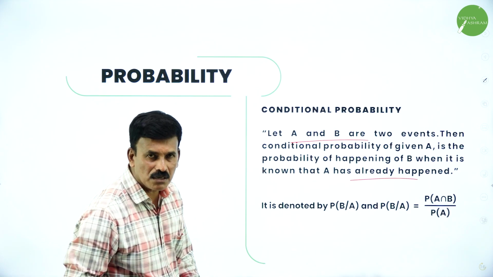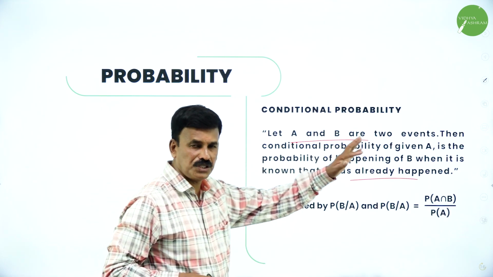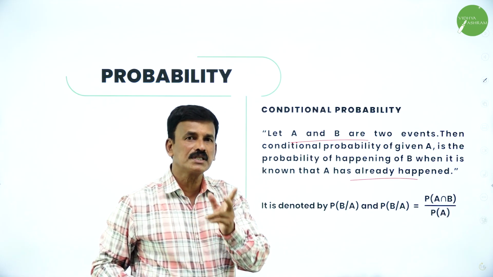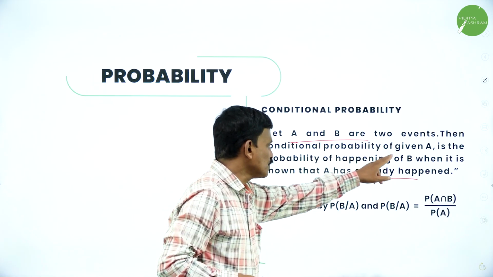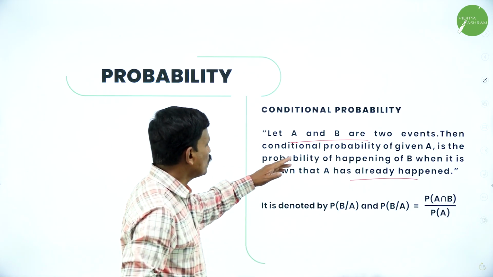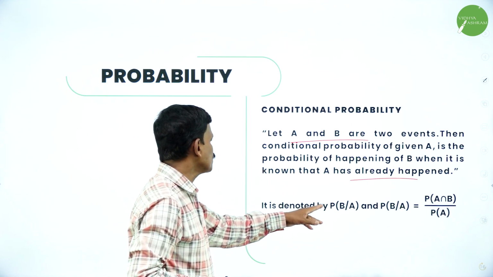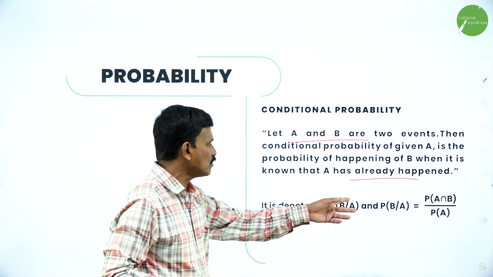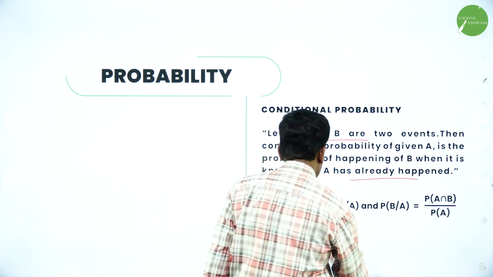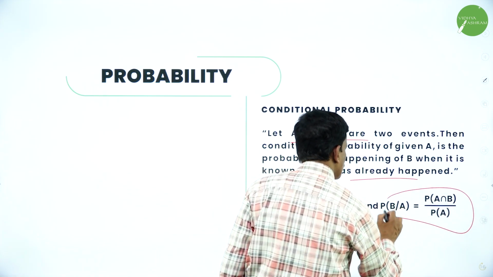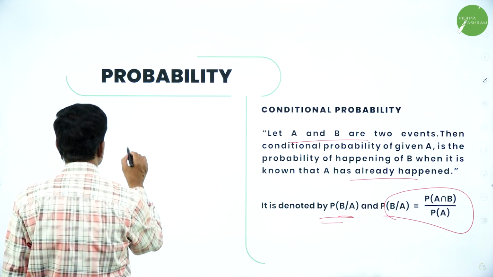It is denoted as probability of B by A, and probability of B by A is given by probability of A intersection B divided by probability of A.